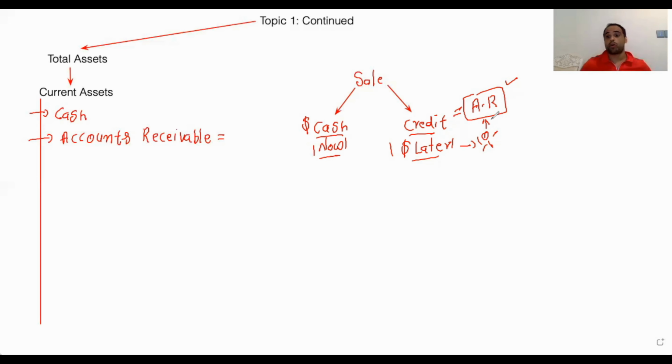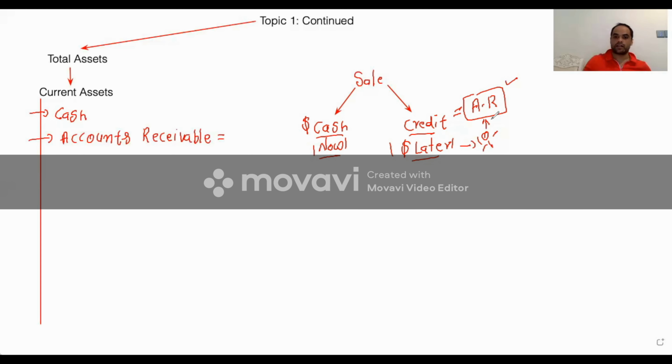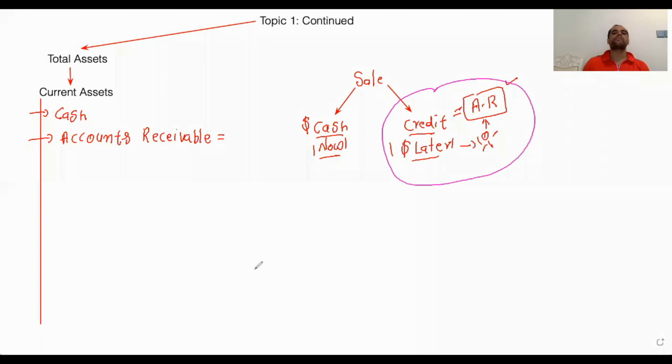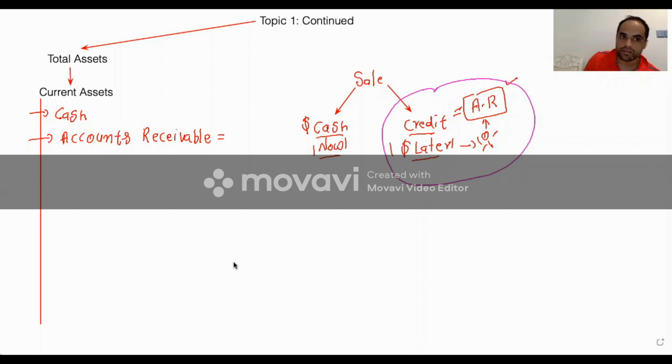Because we sell product on credit. That's the meaning of accounts receivable. Understand? Yes or no? Is that okay? Everybody's okay with account receivable?